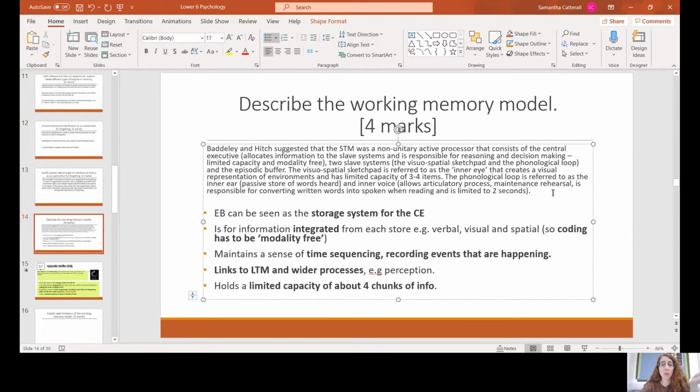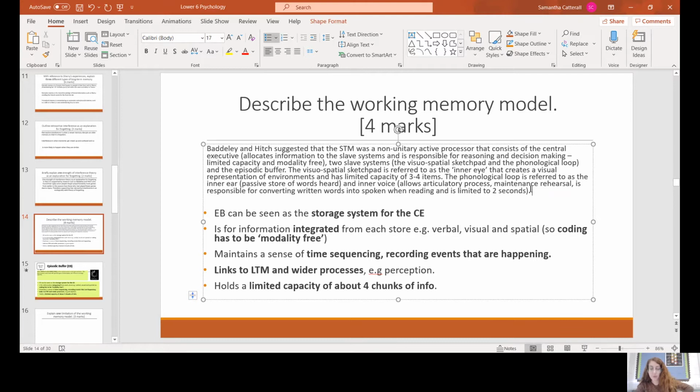You could get away with not putting those in, but obviously it's better to put them in. If you did it as a 16 marker, then you would need to go into this level of detail to explain the working memory model. And actually it does state that you don't necessarily need to put on the episodic buffer because it was added later on. So you can get away with not putting that on your answer.